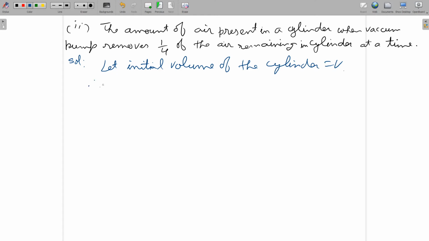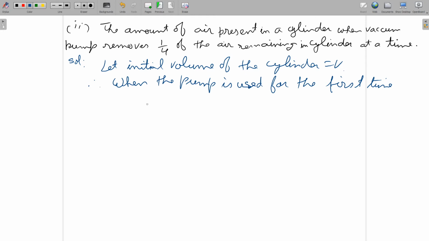Therefore, when the pump is used for the first time, what will happen? What volume will remain in the cylinder?